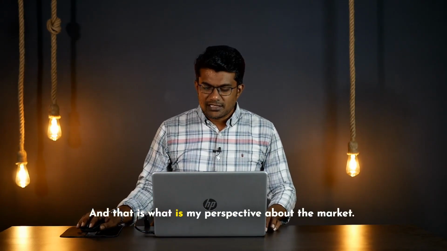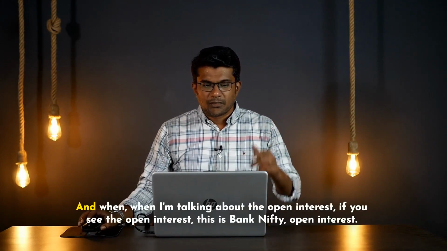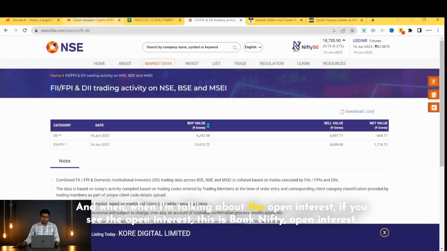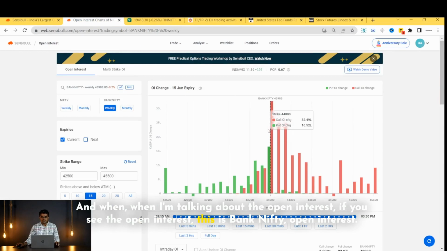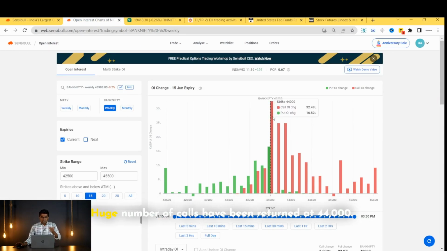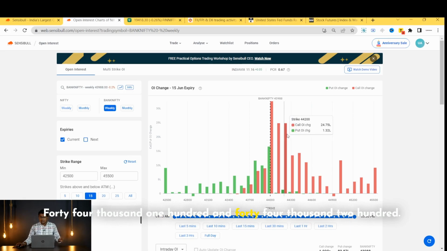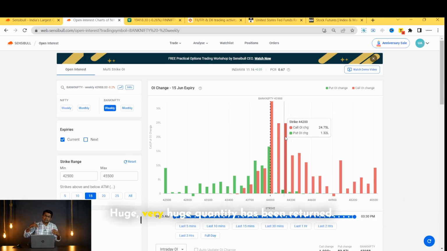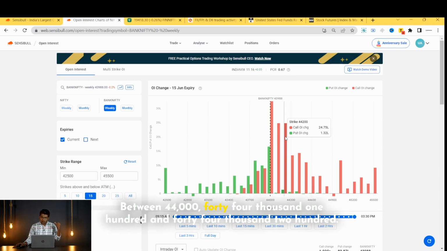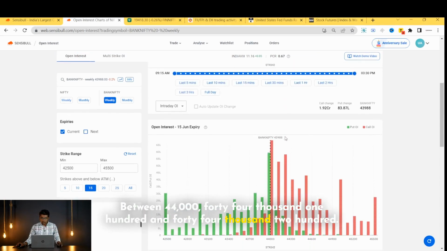That is my perspective about the market. And when I am talking about open interest, this is the Bank Nifty open interest. A huge number of calls have been written at 44,000, 44,100 and 44,200.